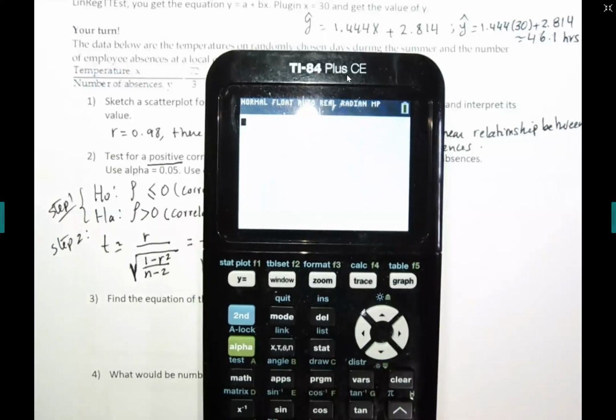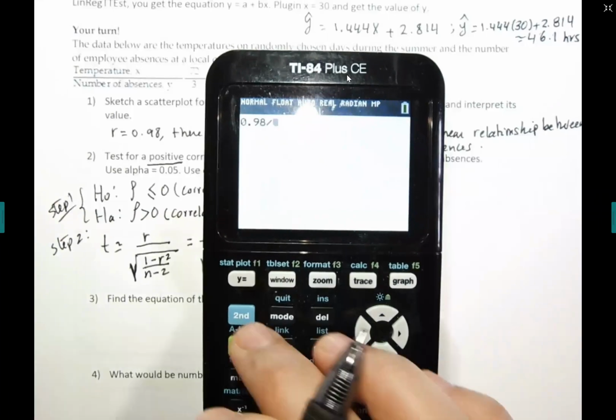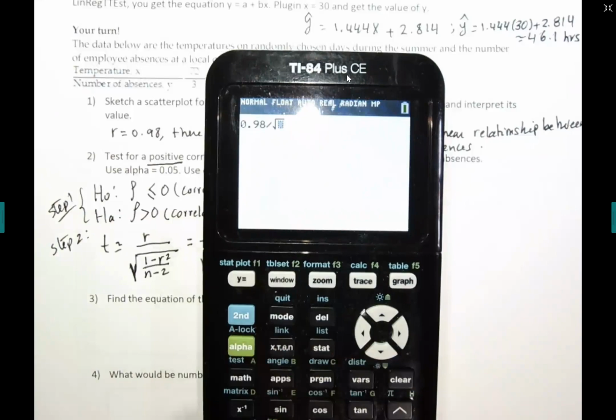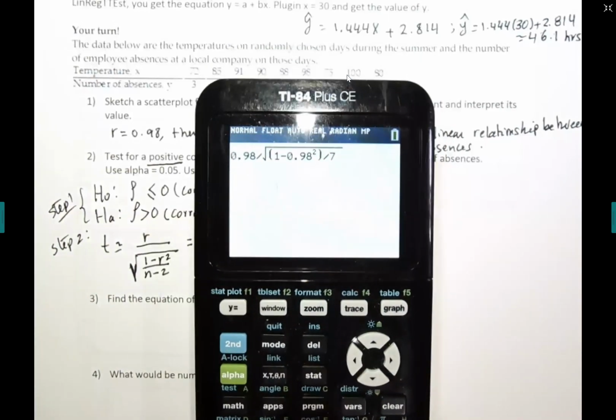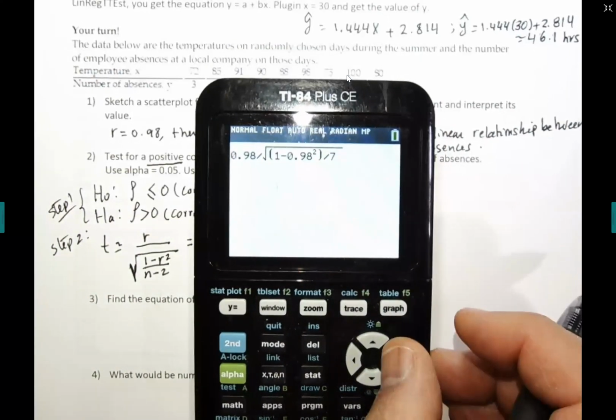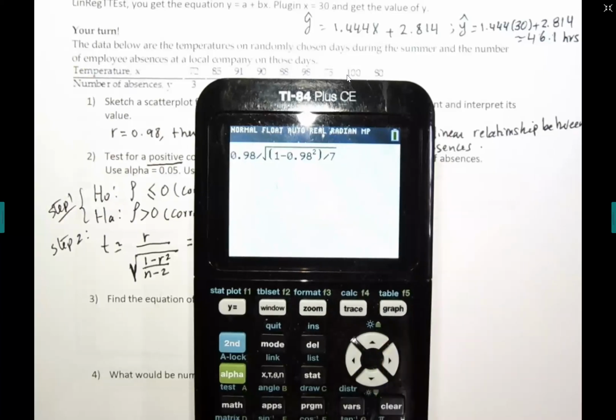So 0.98, divide by, second, open the square root, just like I did before. Open parentheses, I'm not gonna forget it now. 1 minus 0.98 squared, close, divide, and 9 minus 2, we already know it's 7. That's how you do it. Watch. To exit the square root, just this key will get you out. And equal, 13.029.